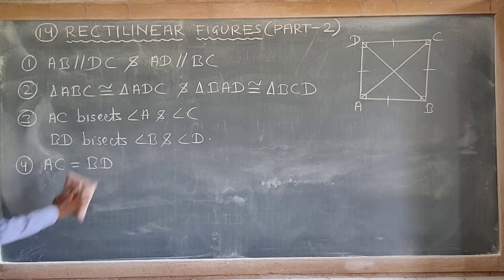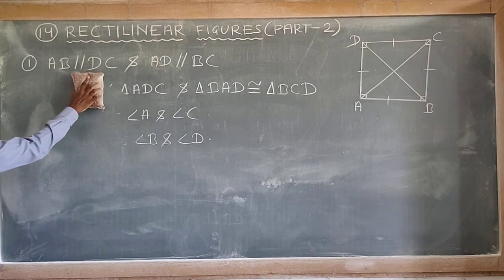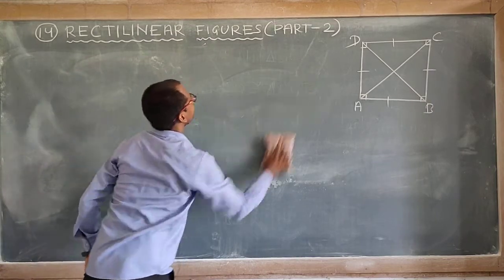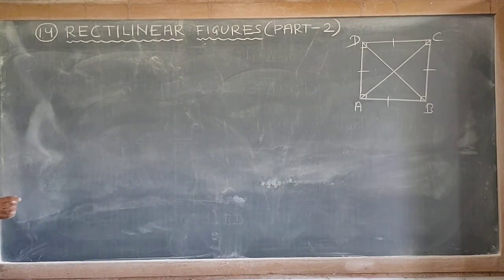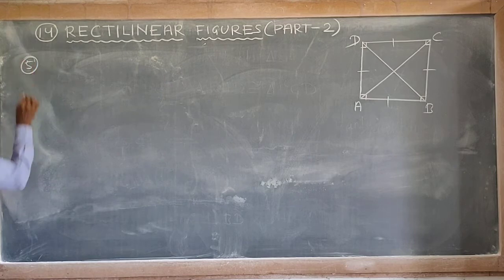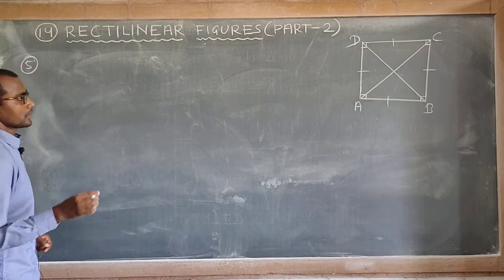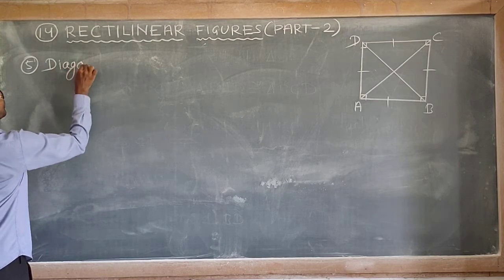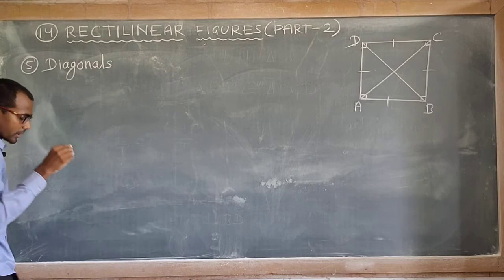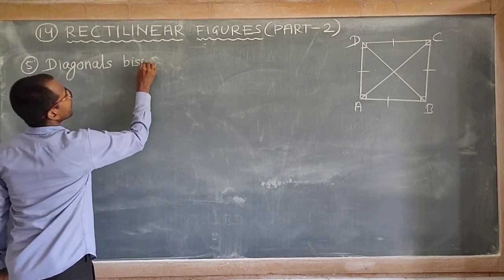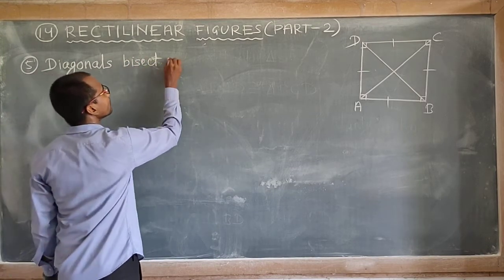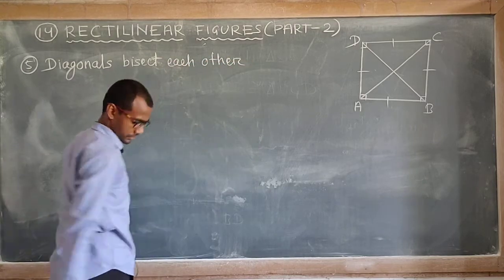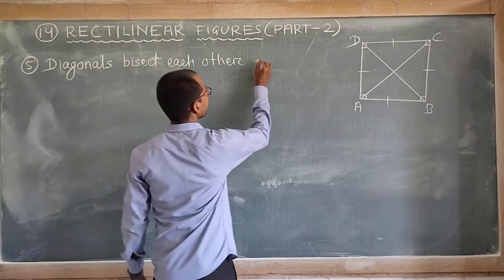Next property will be number 5. Diagonals bisect each other perpendicularly.